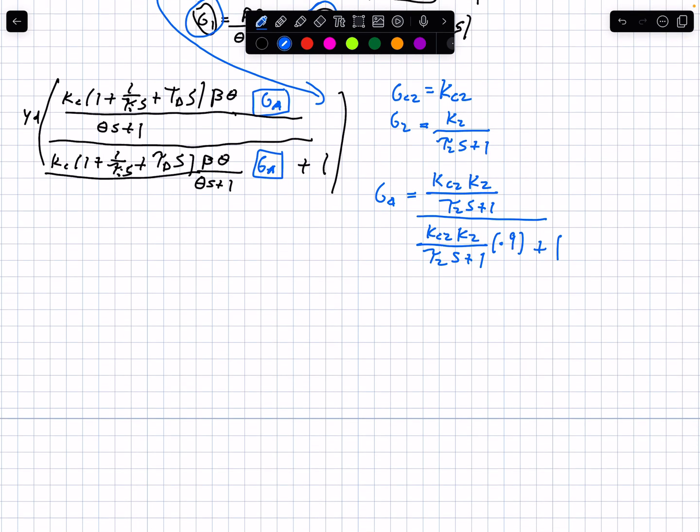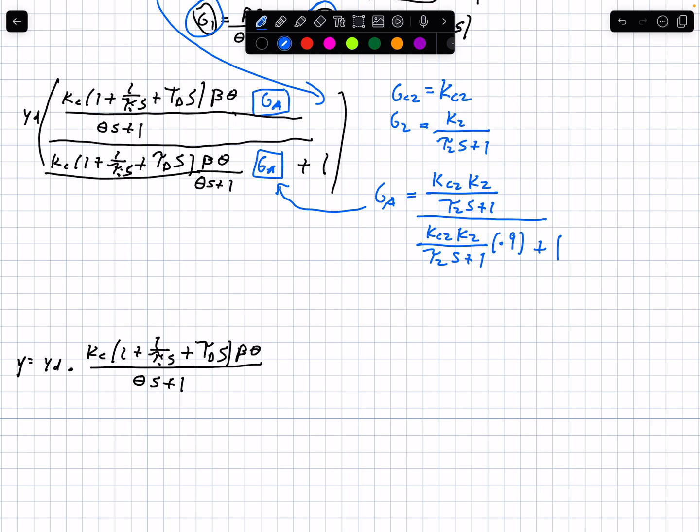Okay, so the next step is to put this into here. So get some more room. Okay, so y equals yd times everything. That is going to be KC1 (1 plus 1 over tau I S plus tau D S) times beta theta over theta s plus 1.